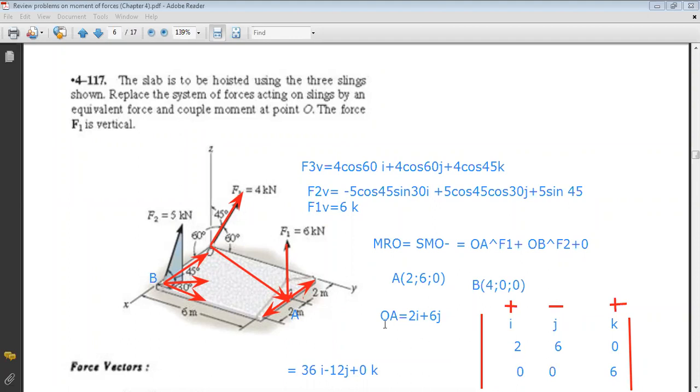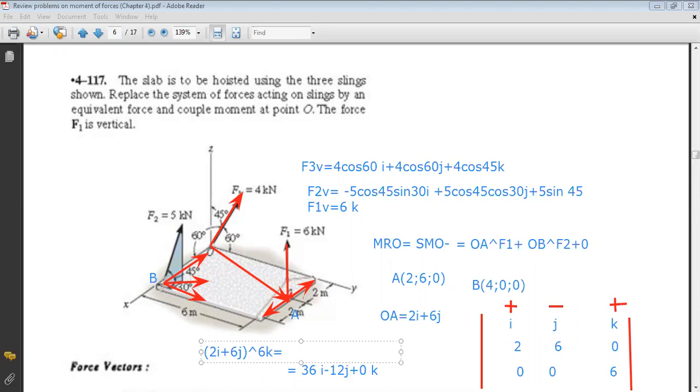If you want to use the vectorial method, you can see that it is very simple here, and you will get the same result. You do 2i plus 6j vectorial the force, which is 6k. Now you do the expansion.